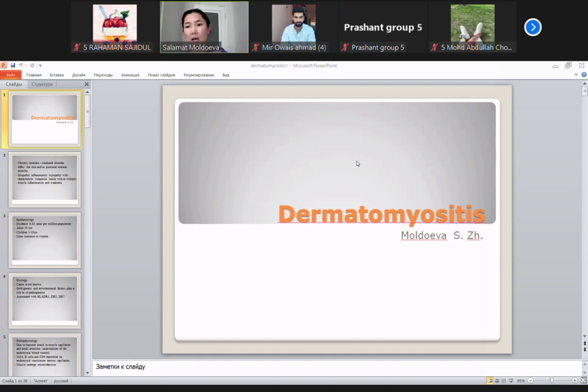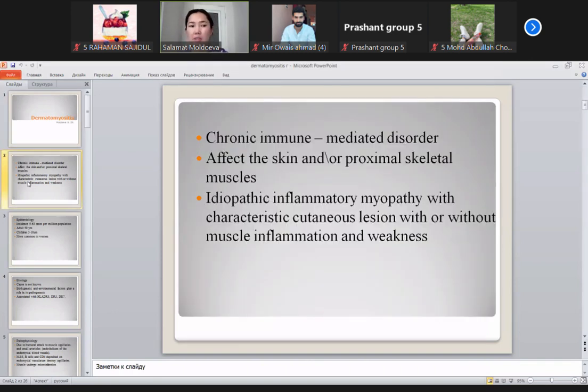It means sometimes there might be skin damage with muscle damage. Sometimes there might be just muscle damage. Due to this, we can classify dermatomyositis into types.